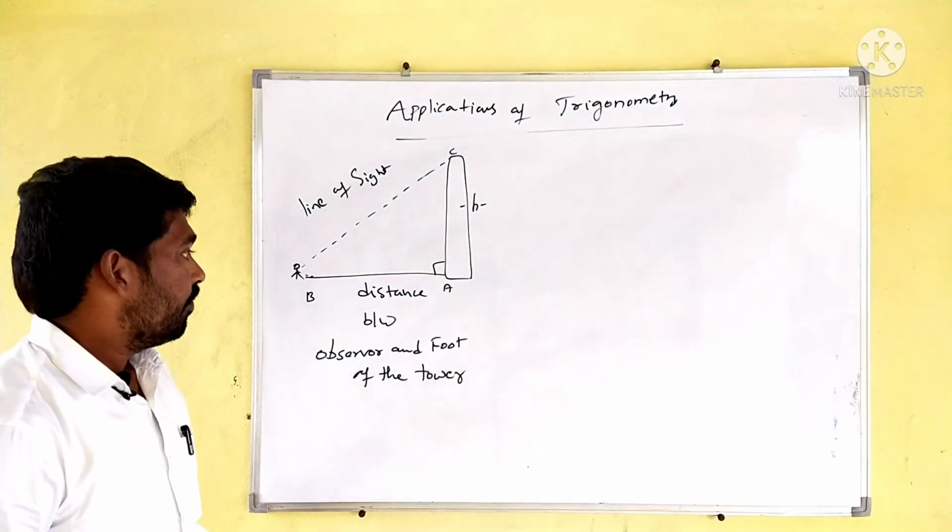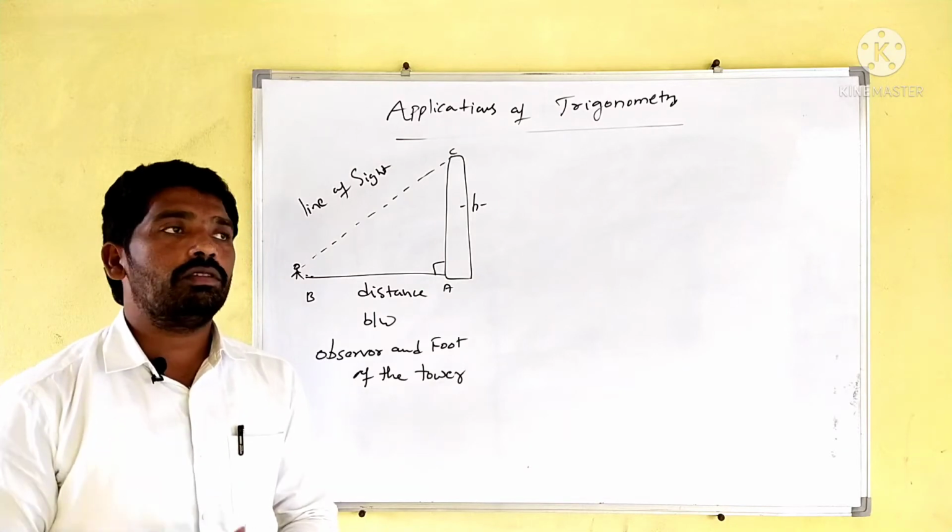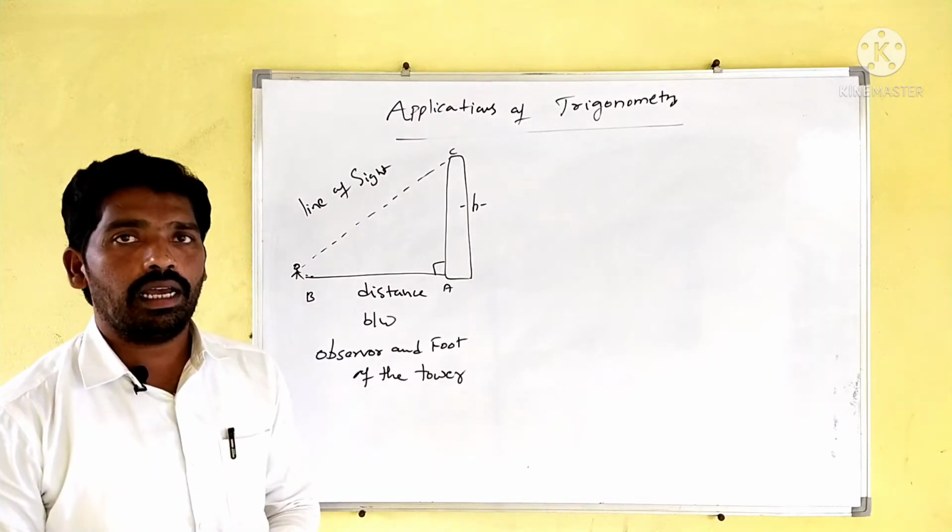In this chapter, the given data forms a right angle triangle shape.